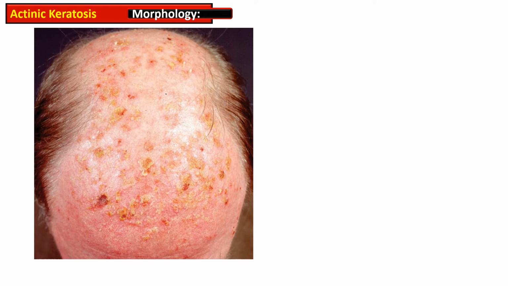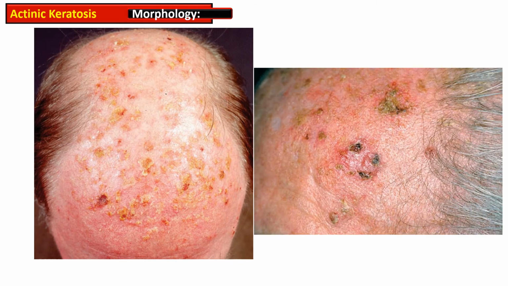They are rough in consistency, and the helpful diagnostic finding is that when you gently abrade the lesion with a fingernail, this induces pain. This is another picture showing these abraded lesions.